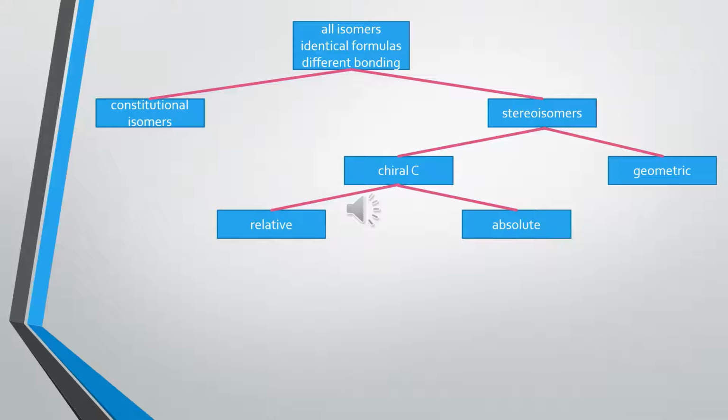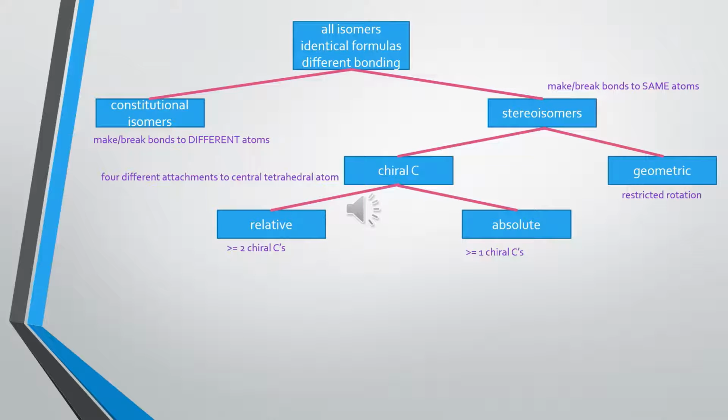Now, the first big split right after all isomers is the difference between constitutional isomers and stereoisomers. And let's just say for now, and you can see this very clearly on this slide, that there's a lot more to stereoisomers than there is to constitutional isomers. Let's get into this now. I could give you a long formal definition of constitutional isomers and stereoisomers, and I'm not going to do that.